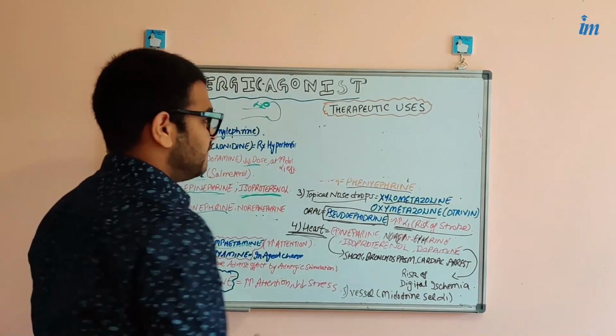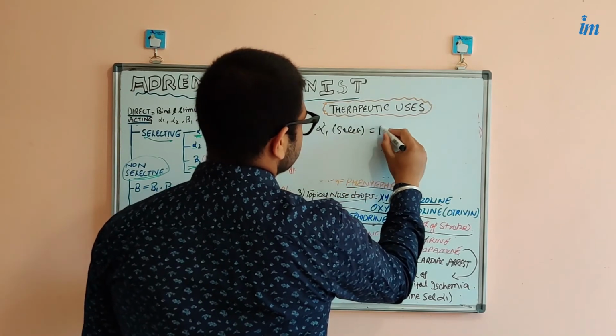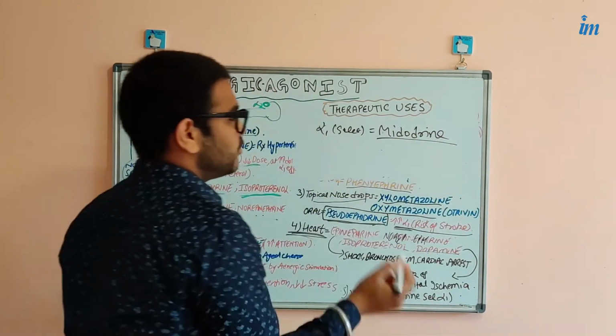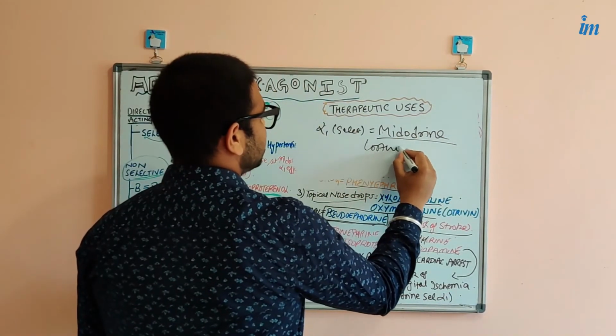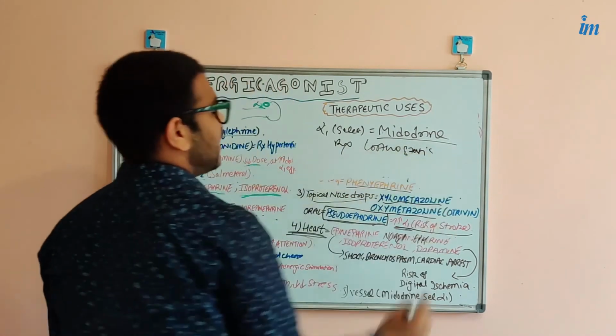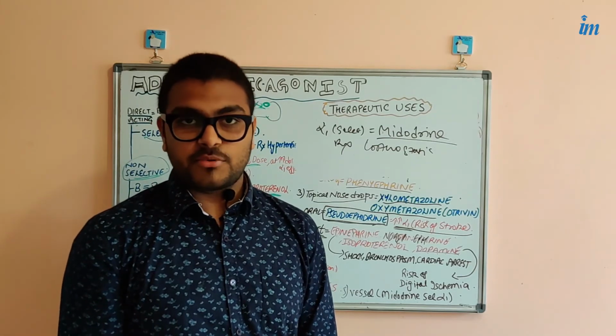Then I will tell you some other drugs. Obviously, an alpha 1 selective drug is midodrine, used for the treatment of orthostatic hypotension. It will act on the alpha 1 receptors in your blood vessels. Do you know what orthostatic hypotension is?